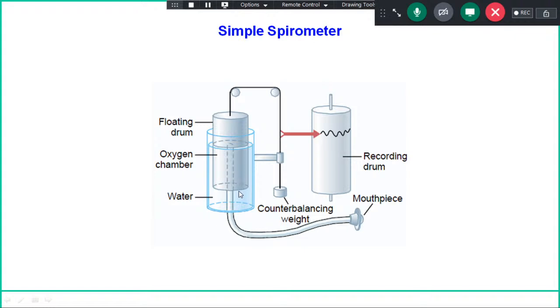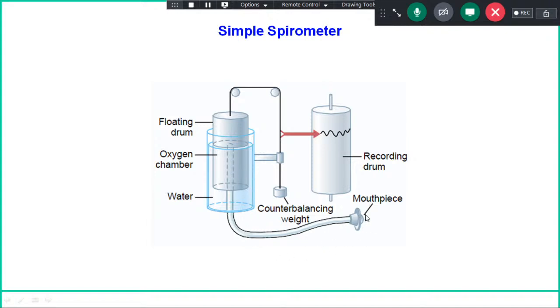Here we have two cylinders, an inner one and an outer one, blue. In between the two there is water which is filled in, forming a seal that is called the water seal. In the inner cylinder we have a tubing coming from below, from which the person is respiring into the system.